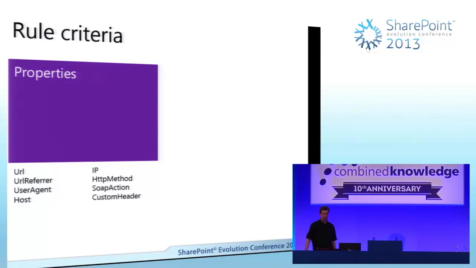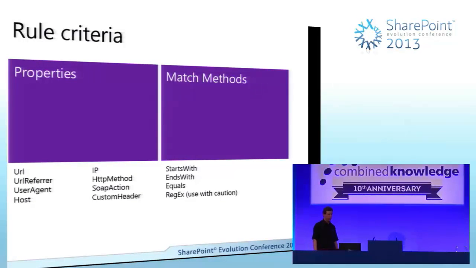Now, that hasn't happened yet, and it's probably not that likely, but it's the way that Microsoft can basically say this feature is extensible. And then we will match those properties using one of these 4 operators, or really match methods. The first 3 operators there are starts with, ends with, and equals. Should be fairly straightforward. And they are ordered in terms of the preference in terms of performance that you would use.